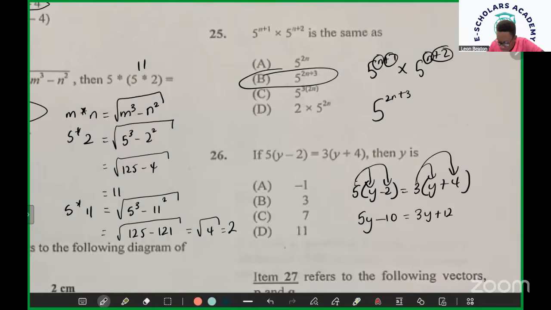We carry over all the y's on this side, so we'll have 5y minus 3y is equal to 12. Carry over the 10. Minus 10 will become plus 10. 5y minus 3y will be 2y is equal to 22. And y is equal to 22 divided by 2, which would be 11, D.